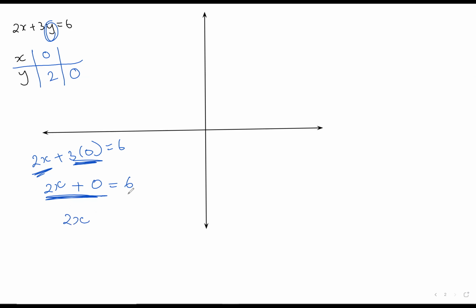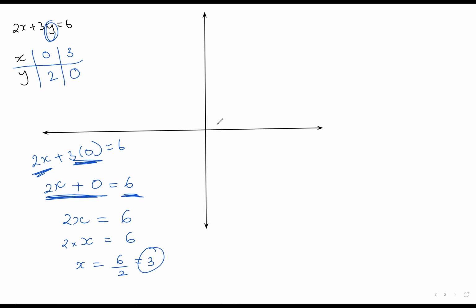And what do I have on the RHS? 6. So 2 multiplied by what will give you 6? 3. Yes. So x is equal to 6 divided by 2, which is equal to 3, right? So when y is 0, x is 3.